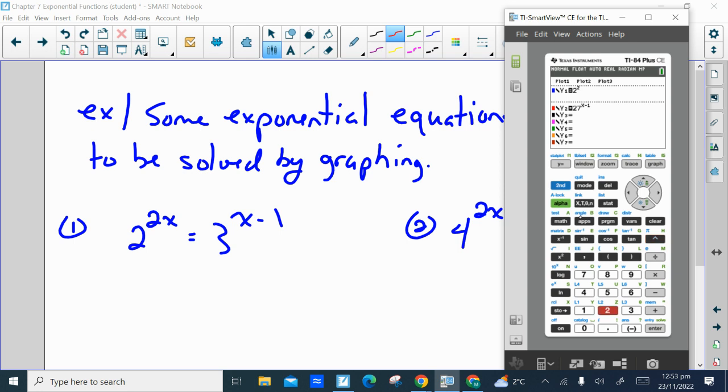2 to the power 2x has to equal 3 to the power x minus 1.